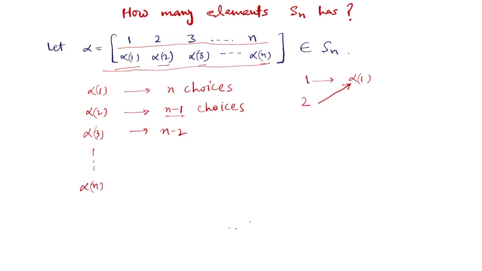Lastly, alpha n is left with only one choice. So there are altogether n times n minus 1 and so on up to 3 times 2 times 1, these many permutations in Sn. That means Sn has n factorial permutations. So the order of Sn is n factorial.